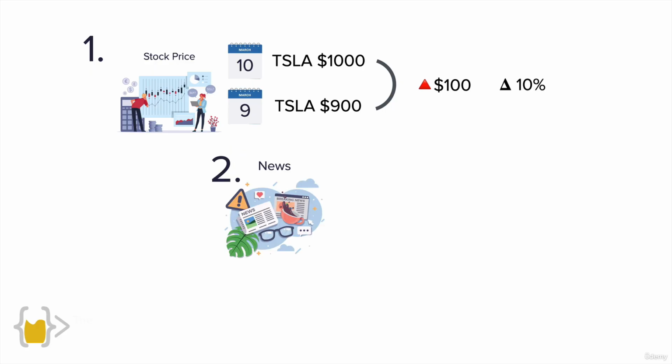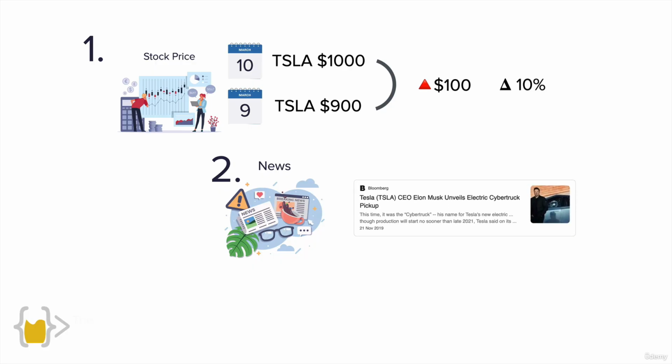So we're going to get our API to fetch us some relevant news. That way we can figure out the reason for this rise or fall. And it might just turn out that Tesla launched a new product or acquired a new factory, some sort of indicator that says this company is going to do a lot better.